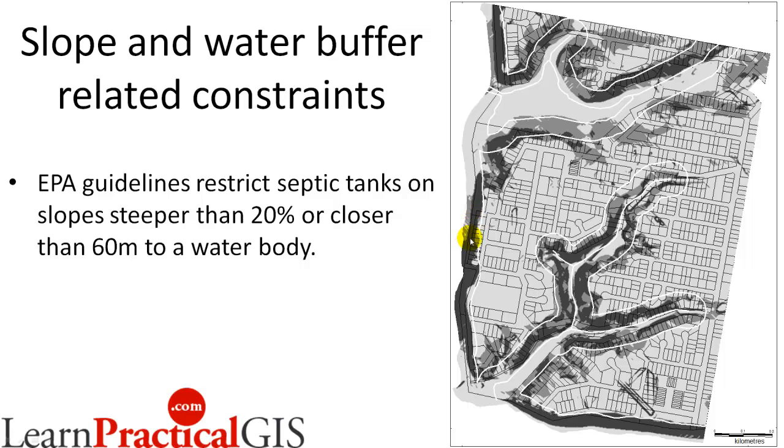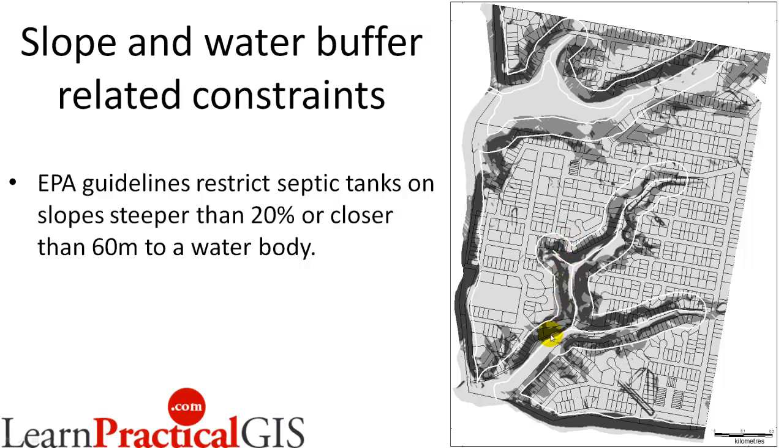And what I think I did was I said, okay, if a slope is greater than 25% instead of 20%, then it's constrained. If it's between 15 and 25%, you need to inspect it with an on-site inspection. And if it's any less than that, it's not constrained at all, because I was really worried about the mapping quality. I created my own map of the streams, and we see that here, and buffered that map by 60 metres.